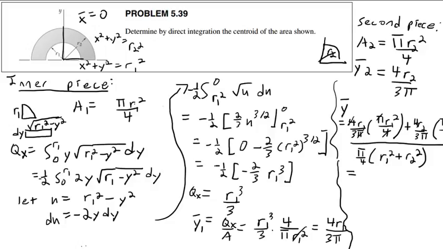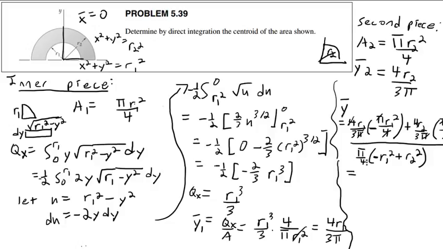Would it be minus R1 squared because of the negative area? Oh, yes, thank you. I need to do that. And this one needs to be negative as well, doesn't it? Yes, it does. Sorry about that. And the pi's and the 4's go away.